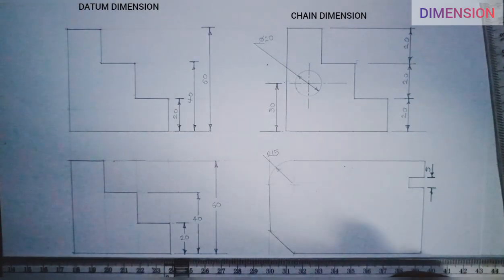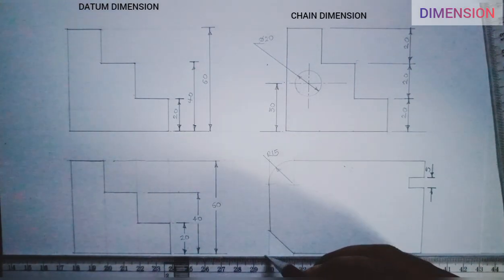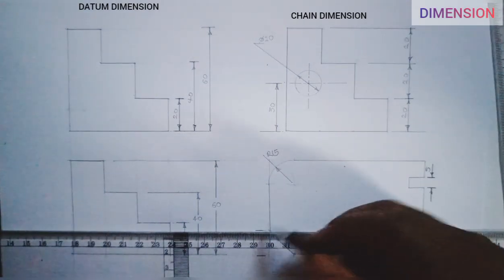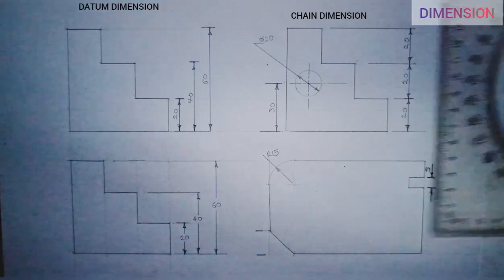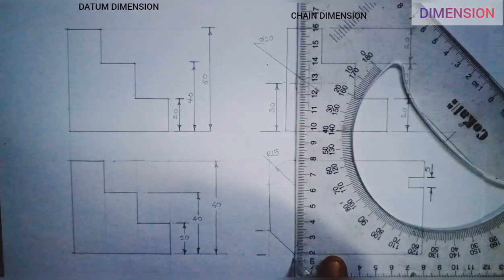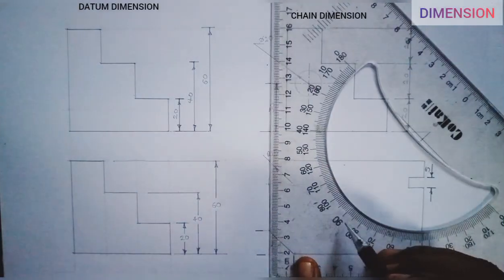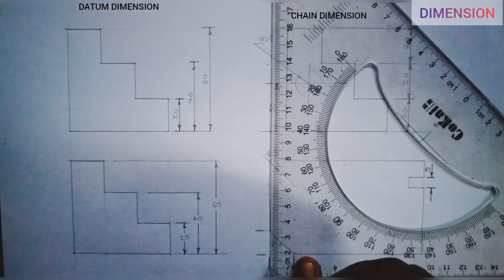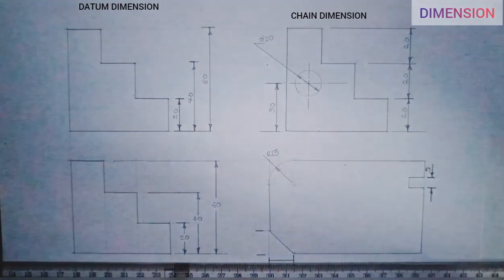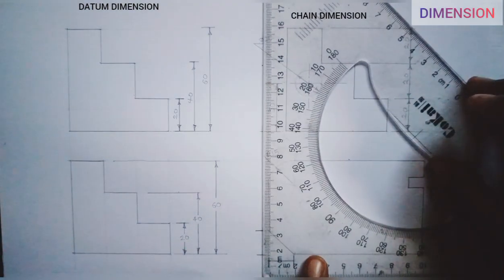And for the chamfer, I can easily just measure from here to this point. Then from here also to this point, right? So we're having this and this.